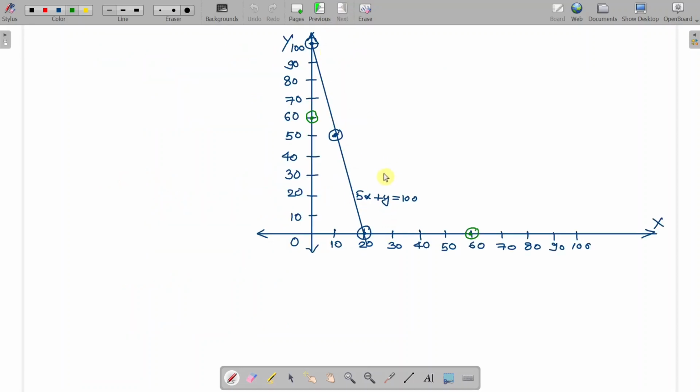So the point will be here. So again we will join the 3 points with a line, and let us name this. So this line is x plus y equal to 60.